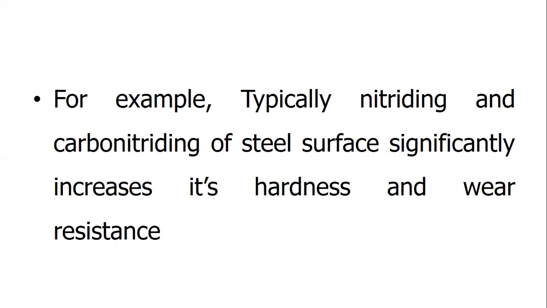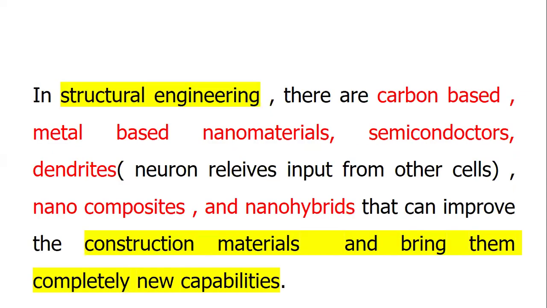For example, typically nitriding and carbonitriding of steel surface significantly increases its hardness and wear resistance. In structural engineering, there are carbon-based and metal-based nanomaterials, semiconductors, dendrites, nanocomposites, and nanohybrids that can improve construction materials and bring them completely new capabilities.